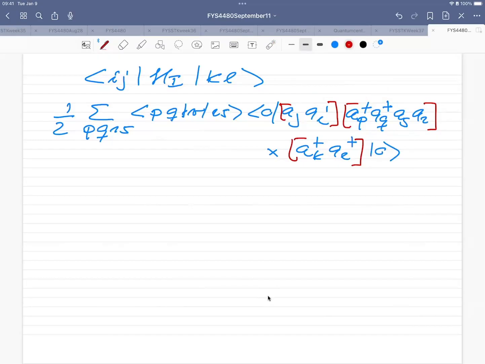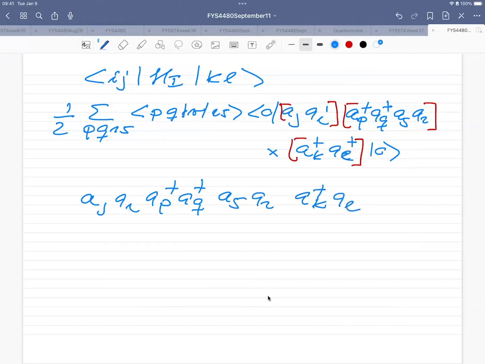So that simplifies the usage of Wick's theorem due to the contractions which we have defined to be non-zero. So normally what you do then is simply that you set this up. AQ dagger, AS, and AR, and then AK and AL. So this should be an L actually.